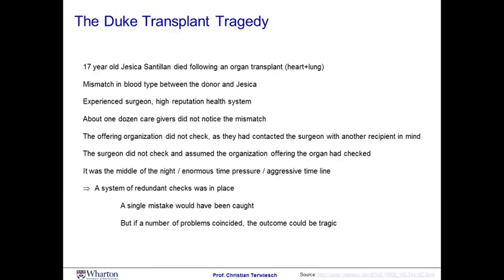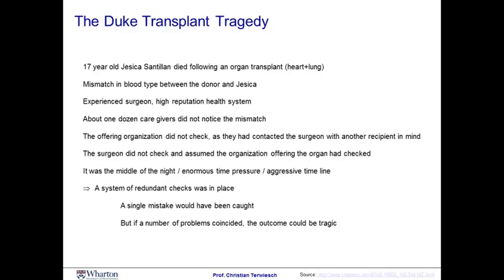The story started when Dr. Jaggers, who was Jessica's surgeon, received a phone call by the New England Organ Bank in the middle of the night. The New England Organ Bank offered him the organs for another one of Dr. Jaggers' patients. Dr. Jaggers felt that the organs were inappropriate for this other patient, but in part of the phone call asked if he could use them for Jessica.